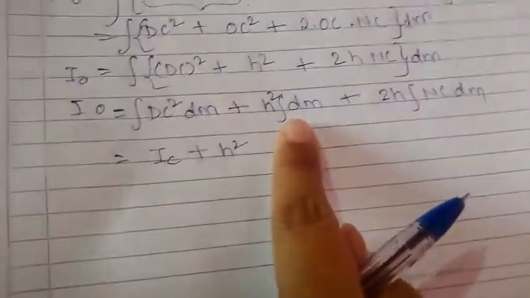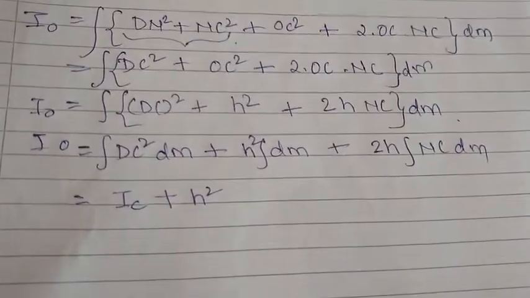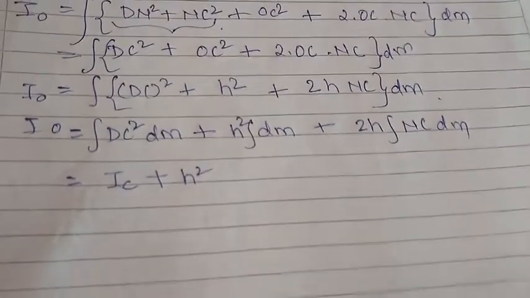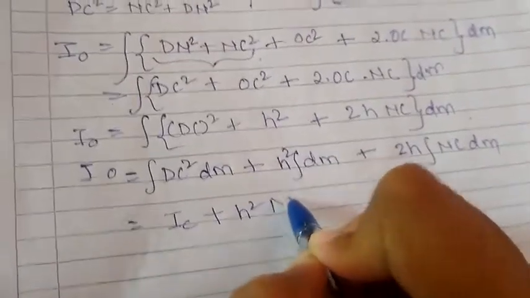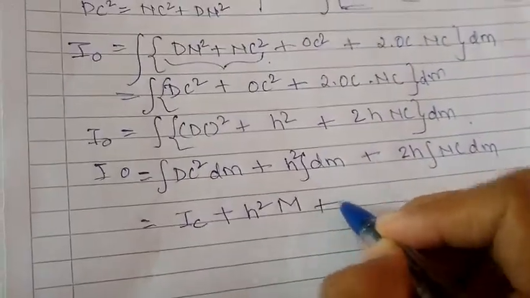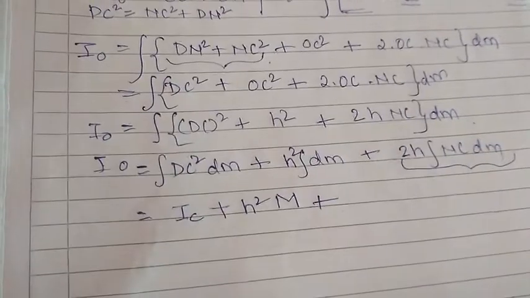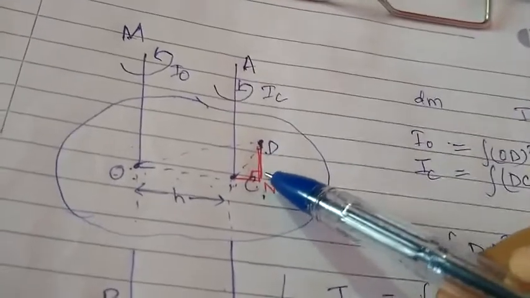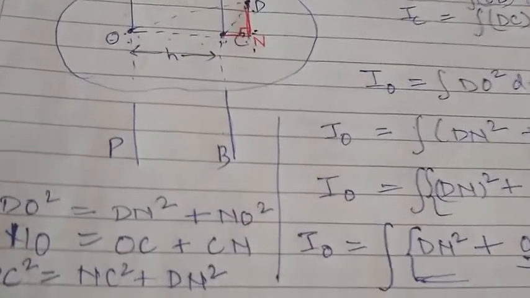Now integral of dm, we had considered a small particle at point D whose mass is dm. So if you integrate it over the whole body, then you can write capital M because the object is of mass capital M. Now what about this term? This NC is the distance of the point from the center of mass. As you can see from the diagram, it is the distance of the point from the center of mass.